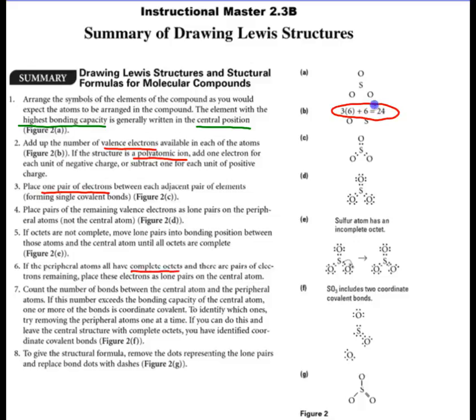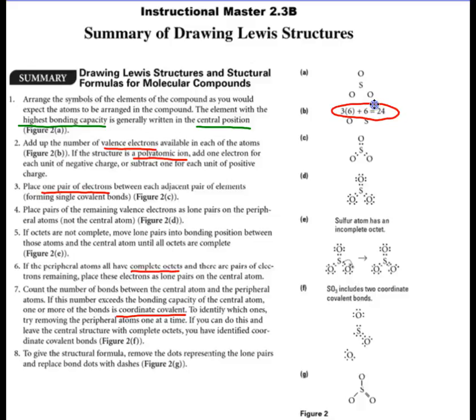You're always looking for complete octets for all the elements, and only then can you really consider the Lewis structure to be complete. I will talk about coordinate covalent bonding a little bit. The 4C class, you can skip over that for now, and if some of the examples relate to coordinate covalent bonding, again, that's not a requirement for your course, so you can also pass through those. The final test is, do all of the atoms have full octets?